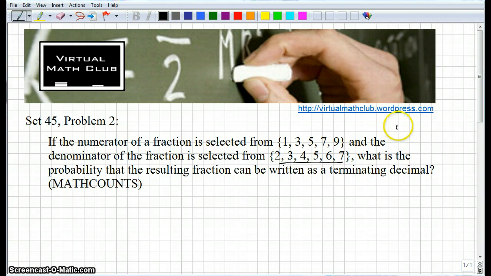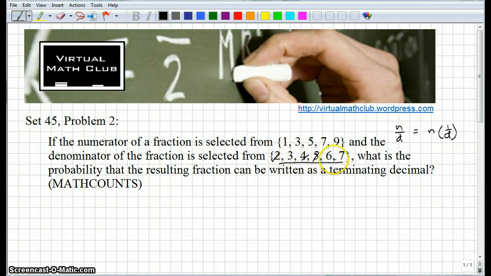A numerator over a denominator is the same thing as the numerator times the reciprocal of the denominator. So if we look at the reciprocals, that should tell us which of these will give us a terminating decimal possibility. 2 and 4 and 5 are always going to give us terminating decimals.